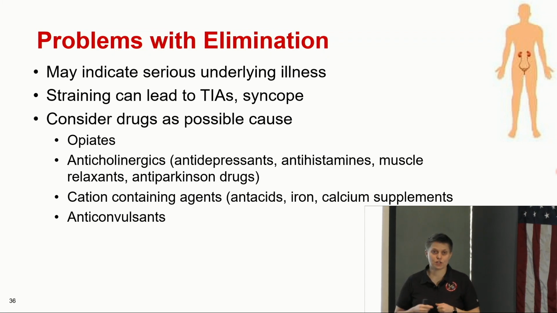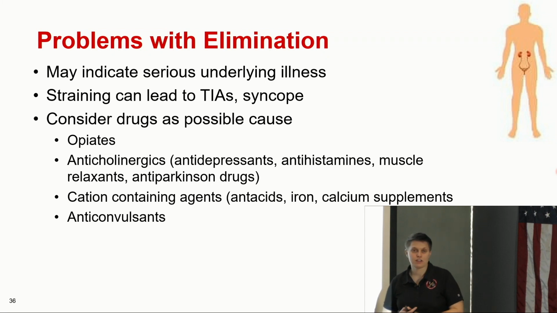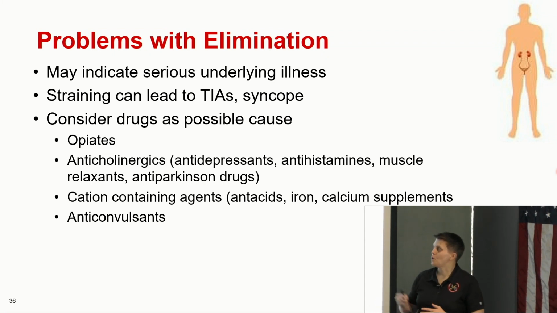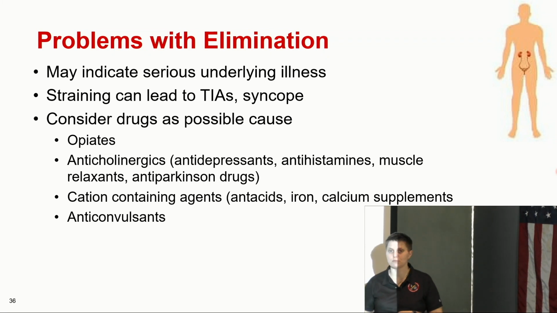Having to strain when you go to the bathroom can actually contribute to syncope and TIAs, and the patients might be on drugs that are exacerbating this or making it worse. So a patient's main complaint may be constipation or issues going to the bathroom, but what else could be at play here? And this is where your history and your medication list is critically important.